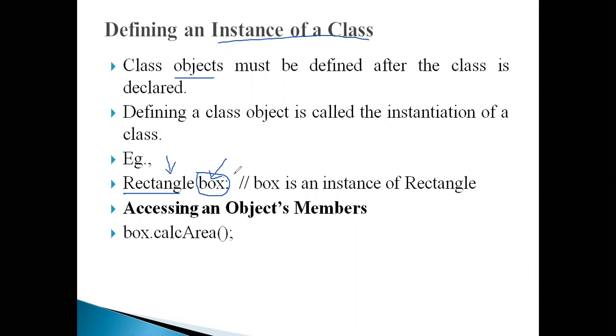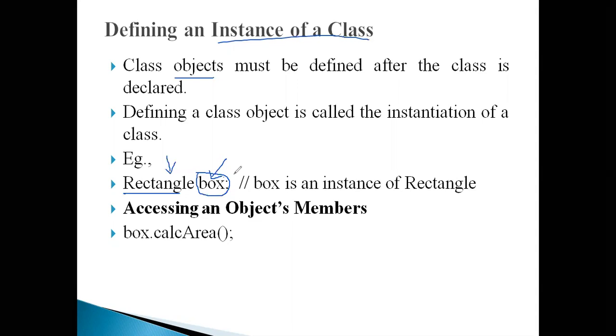Similarly, here also, with the box, I am accessing the data member or the data function in the class. And similarly, when you write something on the board, then ultimately I have to use a piece of chalk to write some information on the board. Here, the piece of chalk is nothing but the object.